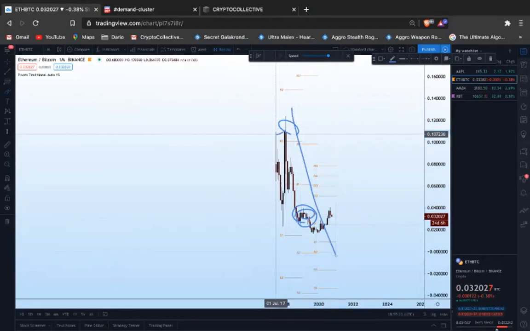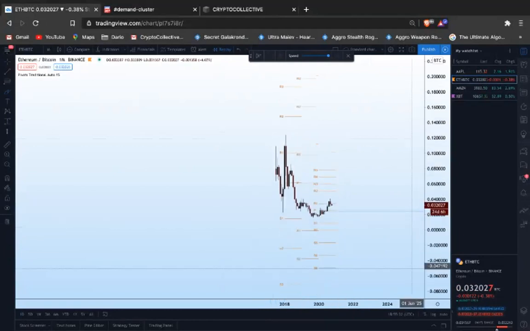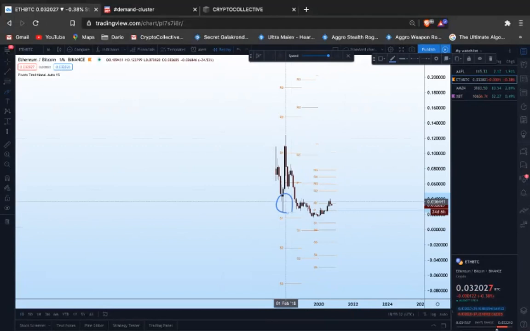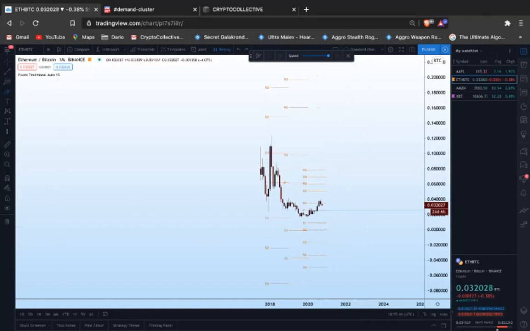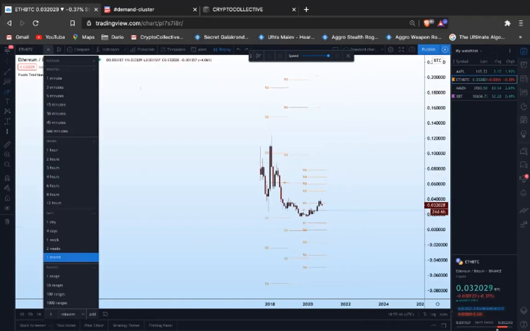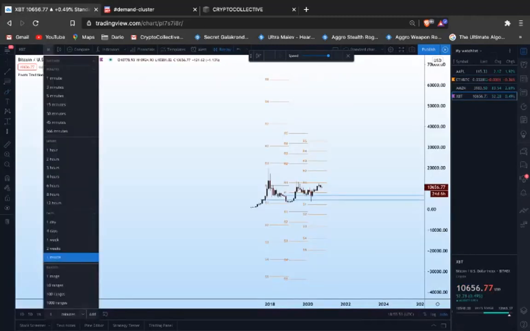So this is by far the strongest resistance here, as well as this area you can see here that we came up from. Once we get over to here, this is going to be a very important area. So you have to look at these charts and find the important areas where price made really big movements, and be able to use them to your advantage to find trading opportunities.